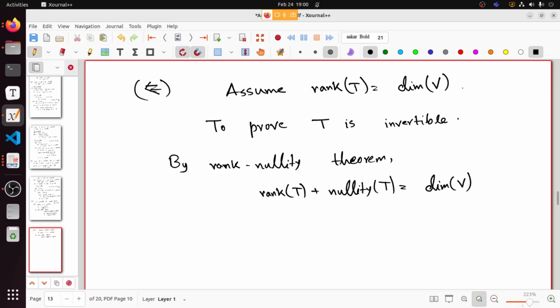What is given? The rank of T is the dimension of B. So the dimension of B plus the nullity of T is the dimension of B.